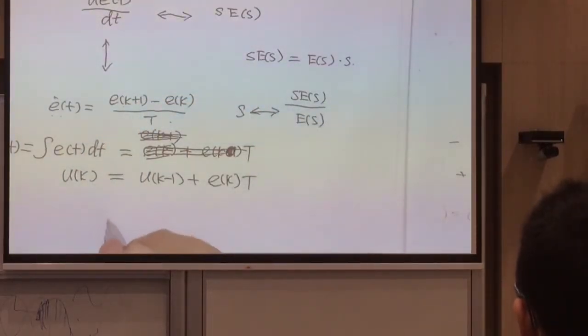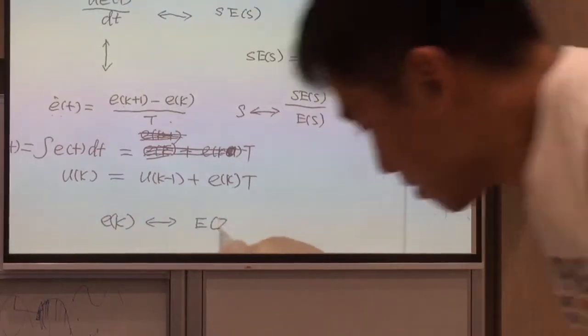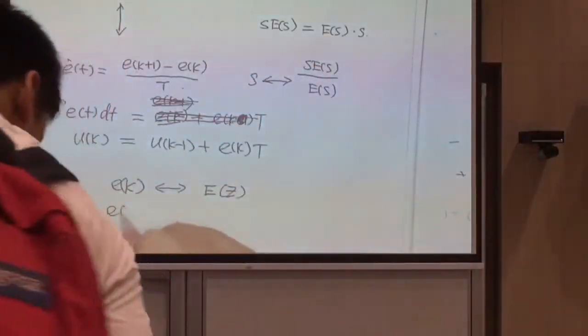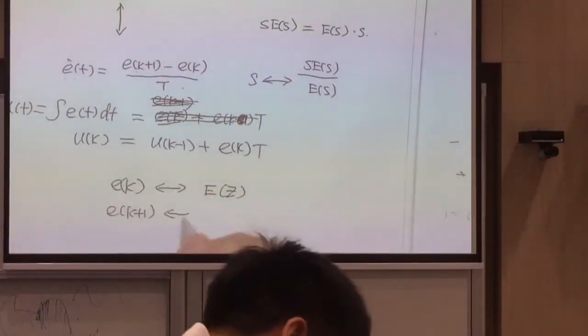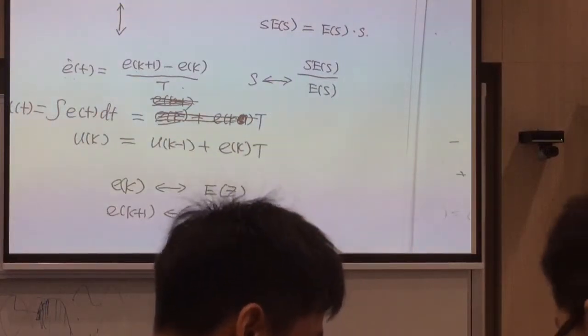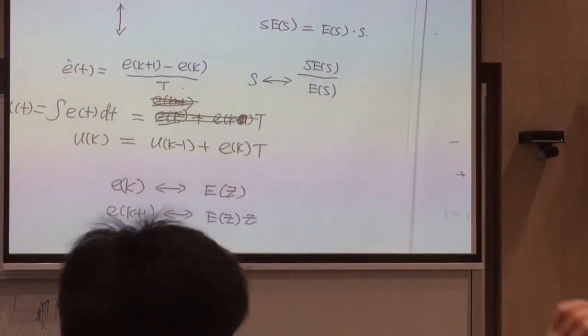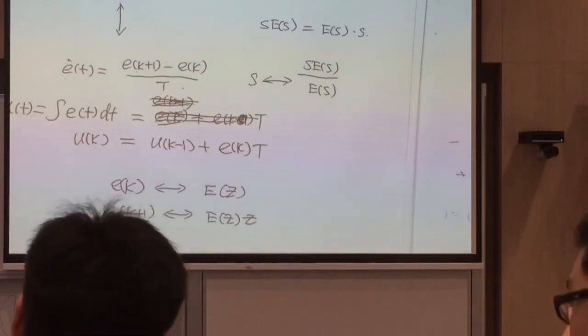Then for this one, if your Ek eventually is going to map with your Ez, then your Ek plus 1 is going to map with your Ez multiplied with Z. Yes or no?